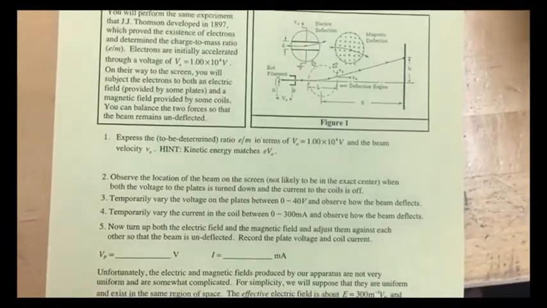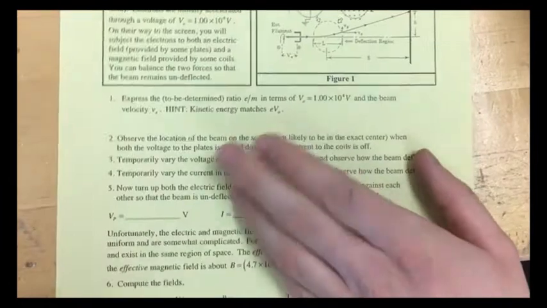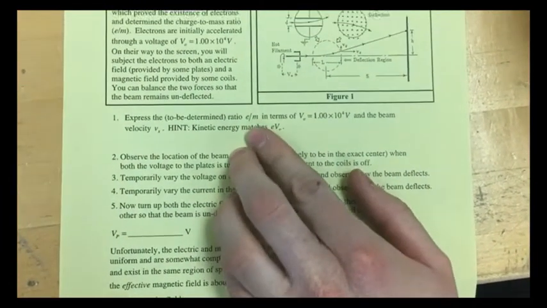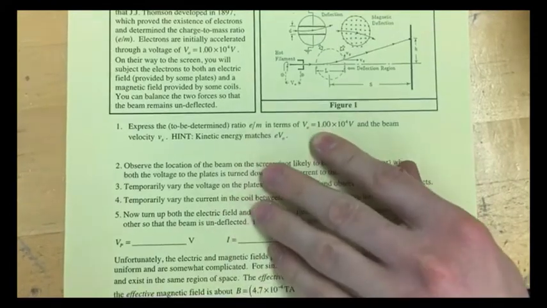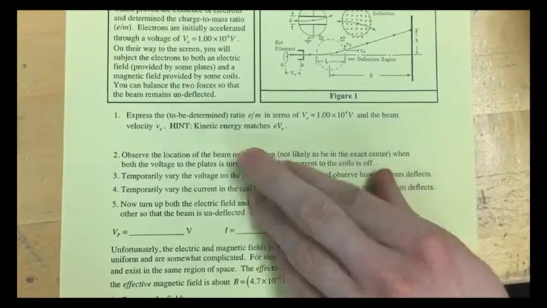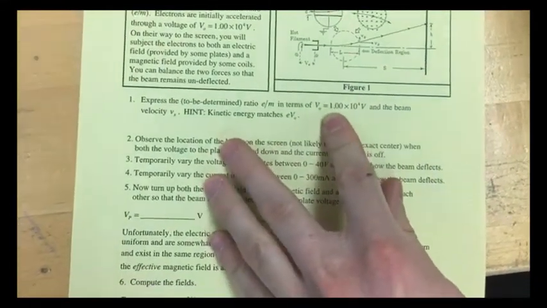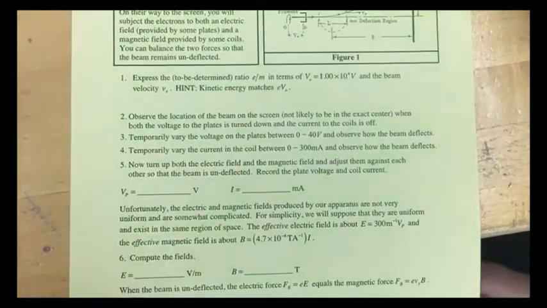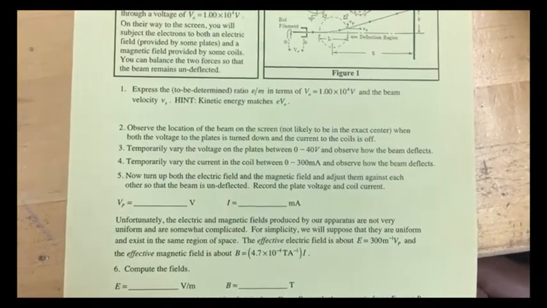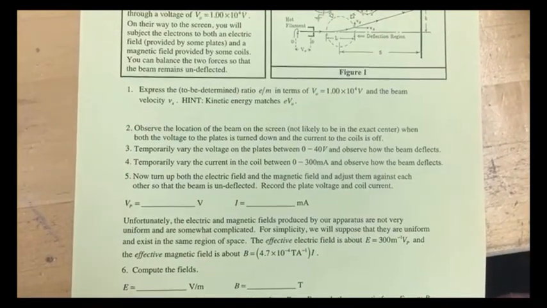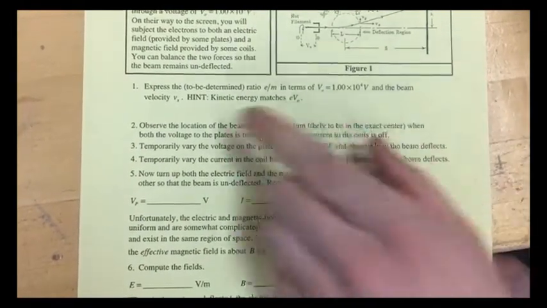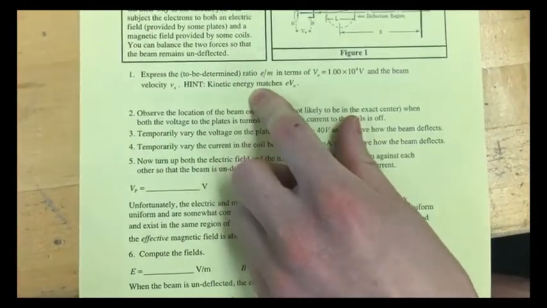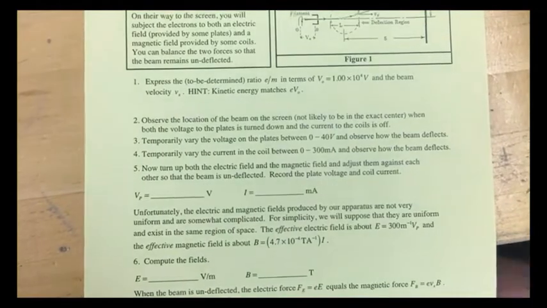All right, to get started, we need to answer the first question, where we want to express the charge to mass ratio in terms of the accelerating voltage that's pushing the electrons out, as well as the velocity when it hits the screen. One thing we should recall from your introductory physics courses is that kinetic energy, for any particle, is given by 1/2 times mass times velocity squared.